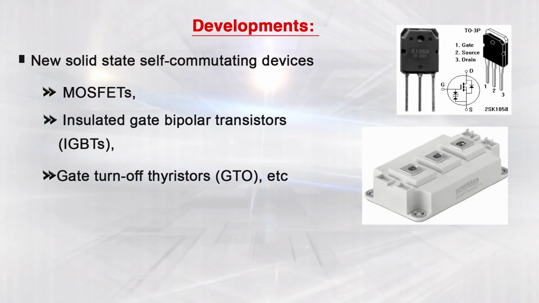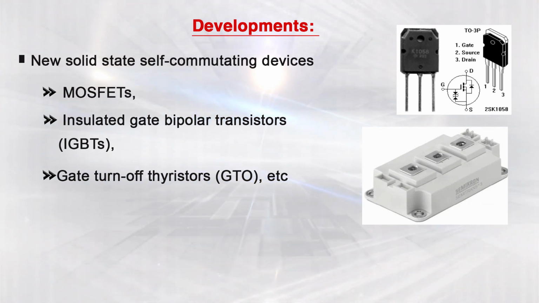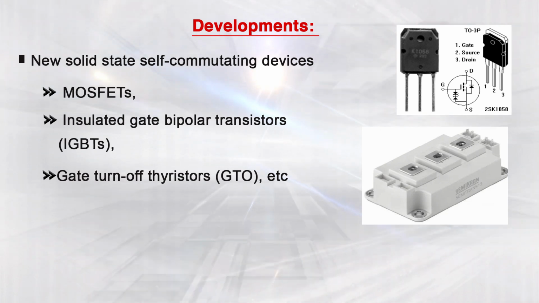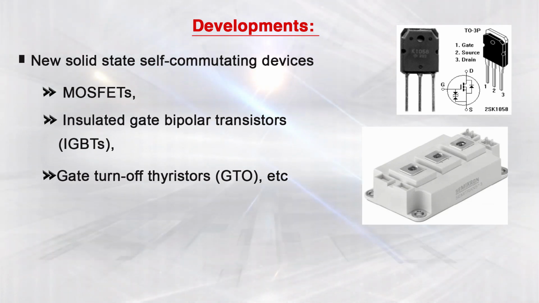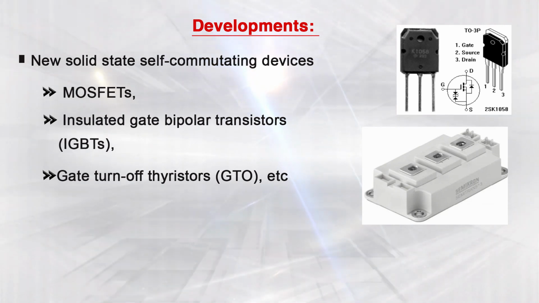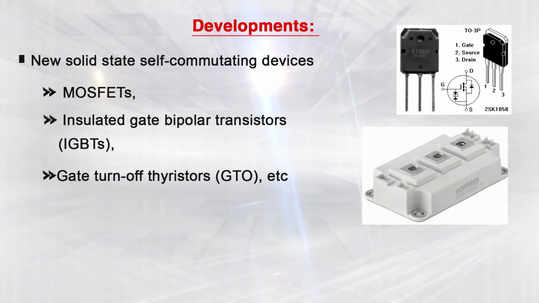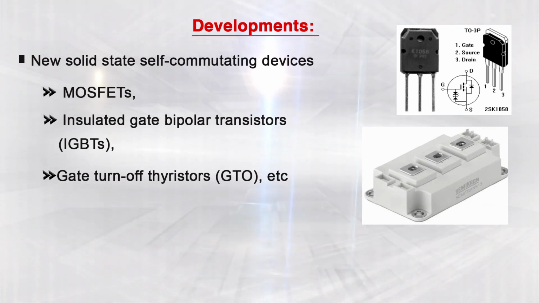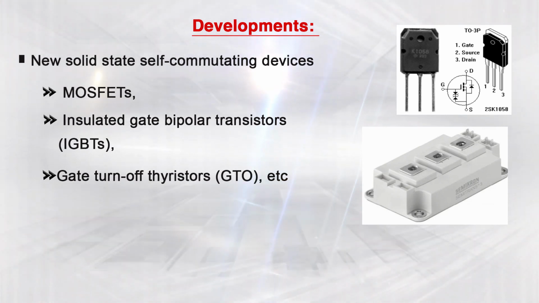IGBTs are utilized for medium power applications, whereas the gate turn off thyristor is used for high power applications. IGBTs can be switched at around 10 to 20 kilohertz.